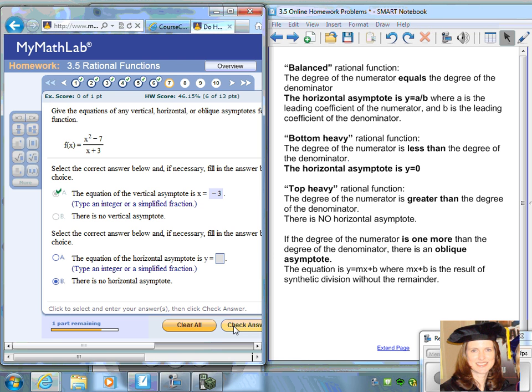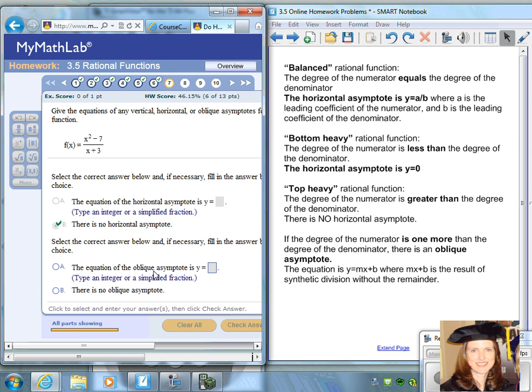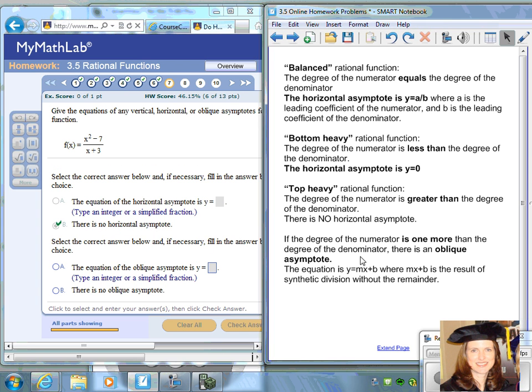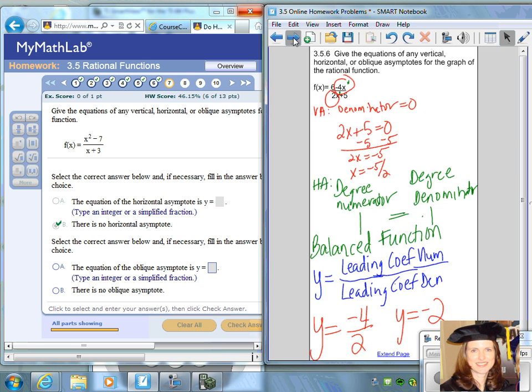And to find the equation of the oblique asymptote, if the degree of the numerator is 1 more than the degree of the denominator, then there is an oblique asymptote. The equation is going to be in the form of y equals mx plus b, where the mx plus b is a result of synthetic division without the remainder. So let's go back to number 7 here.